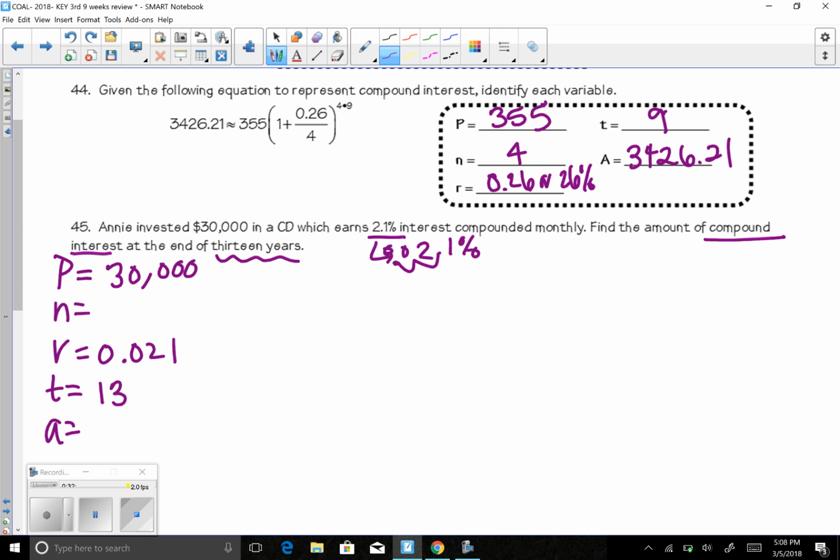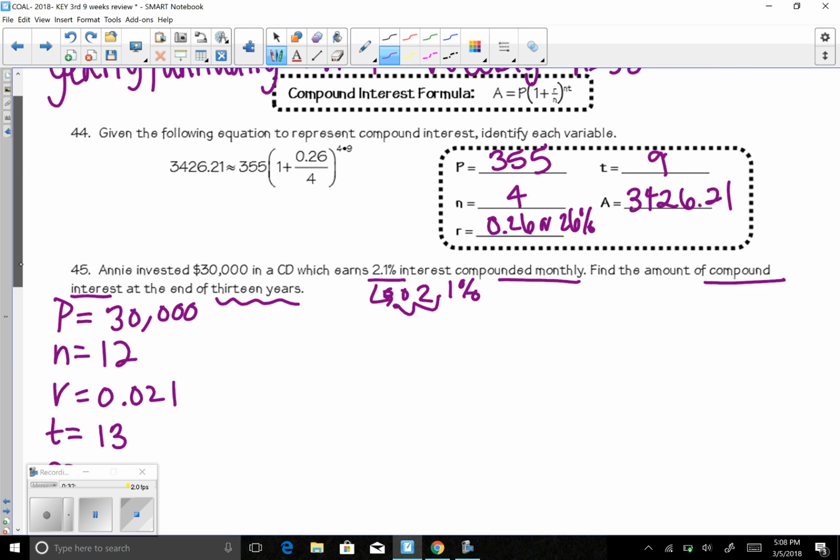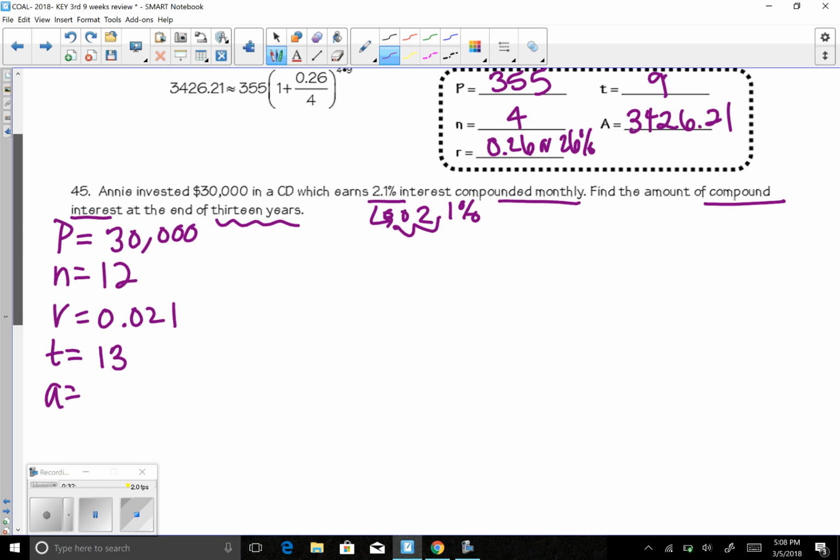And she's compounding monthly. We know n is 12. What I don't know is my A. I should make that capital. So that's what we're trying to find.